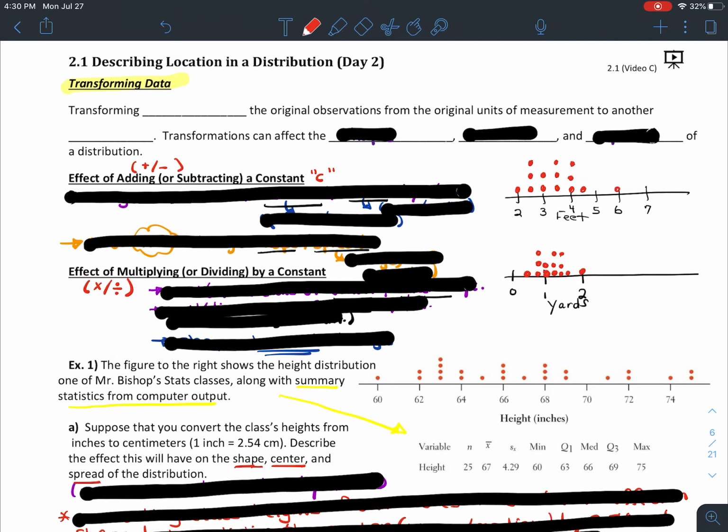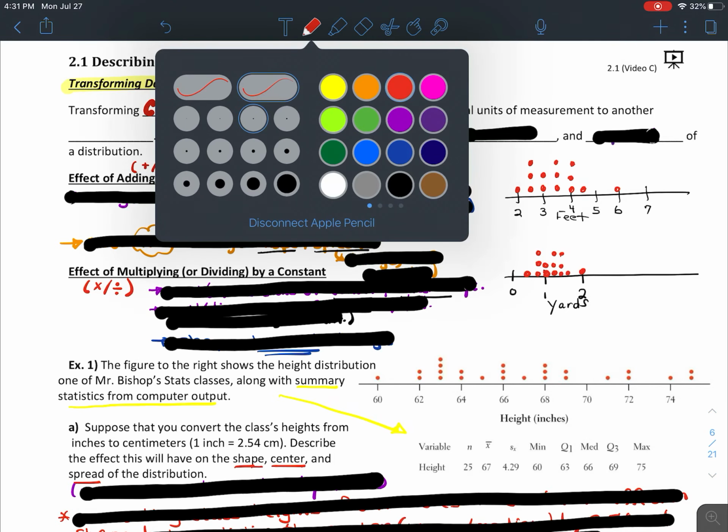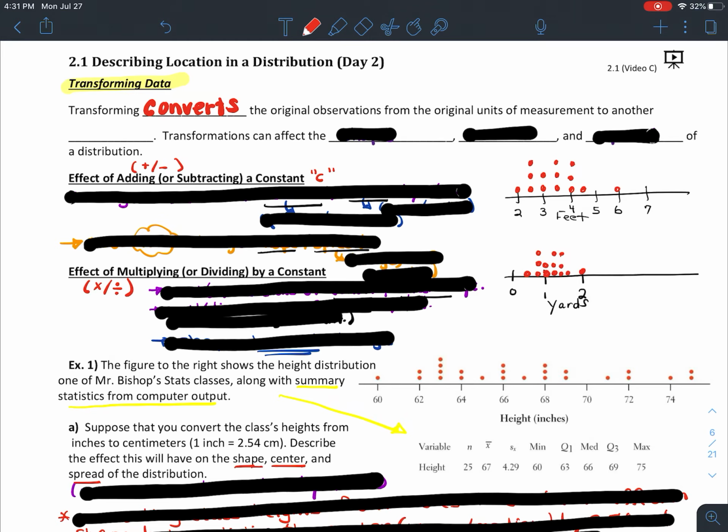That's what we mean when we talk about transforming data. Okay, so when we transform data, what that does is it converts the original observations from their original units of measurement to another scale. Okay, you're just kind of converting from one unit to another.